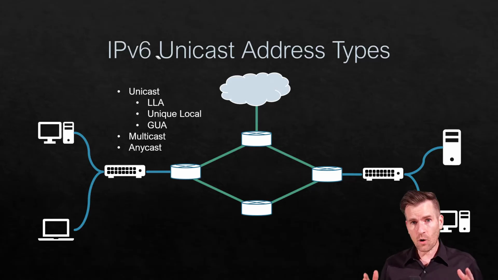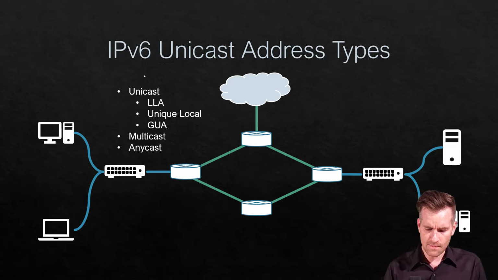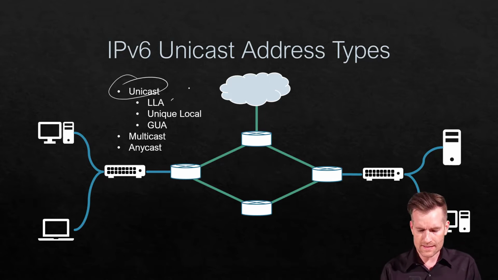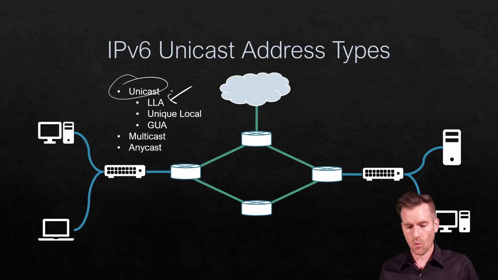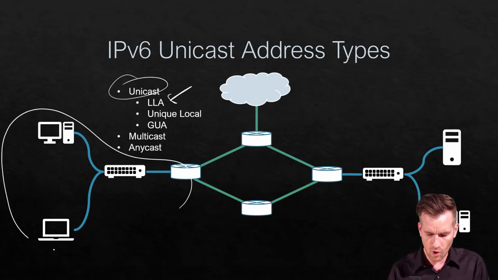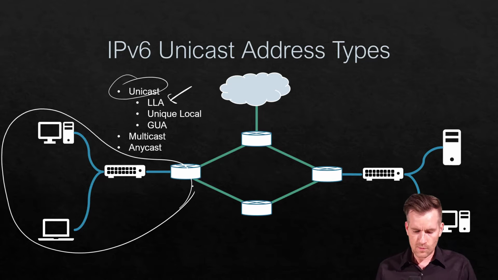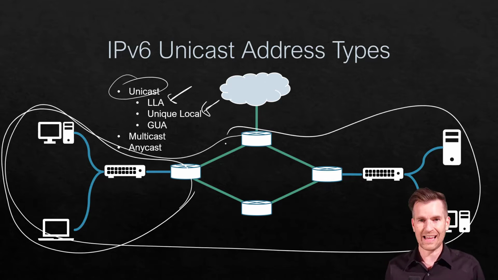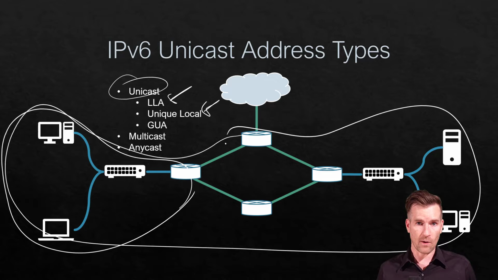In a prior video, we also talked about these Unicast messages having multiple types. One of them is a link local address, one that can communicate on your local area network. We also talked about a unique local address, and a unique local address communicates on your private LAN, or private network, I should say.